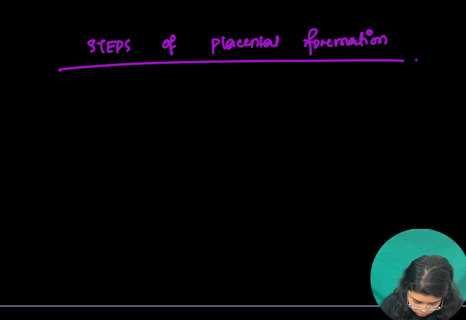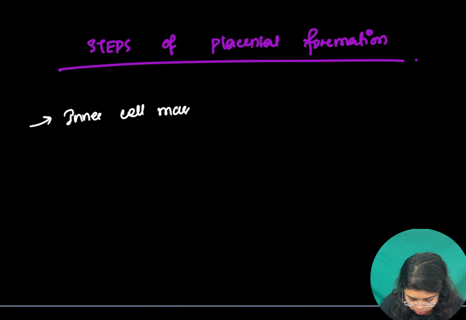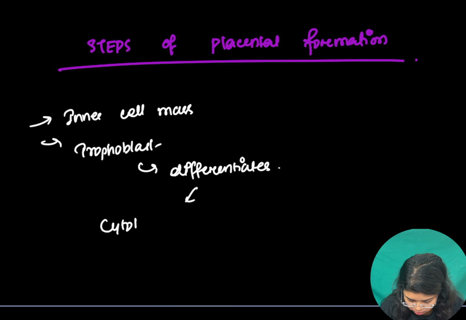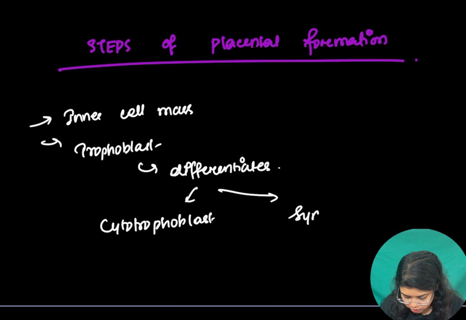Starting from the inner cell mass and the trophoblast, the trophoblast differentiates into cytotrophoblast and syncytiotrophoblast.